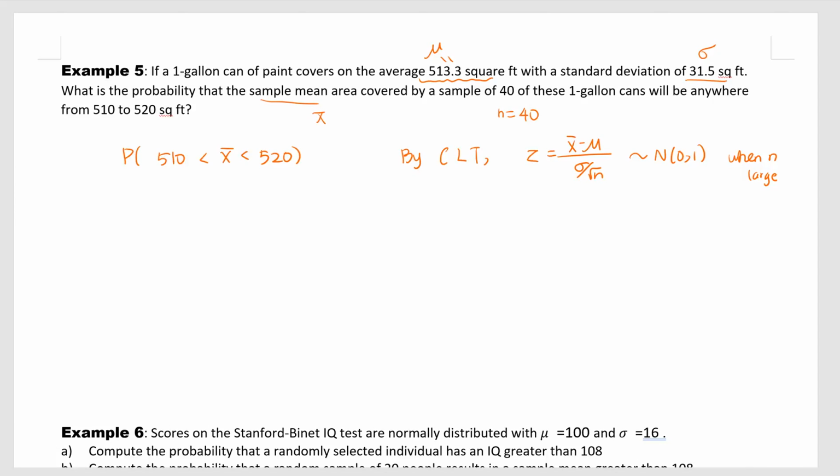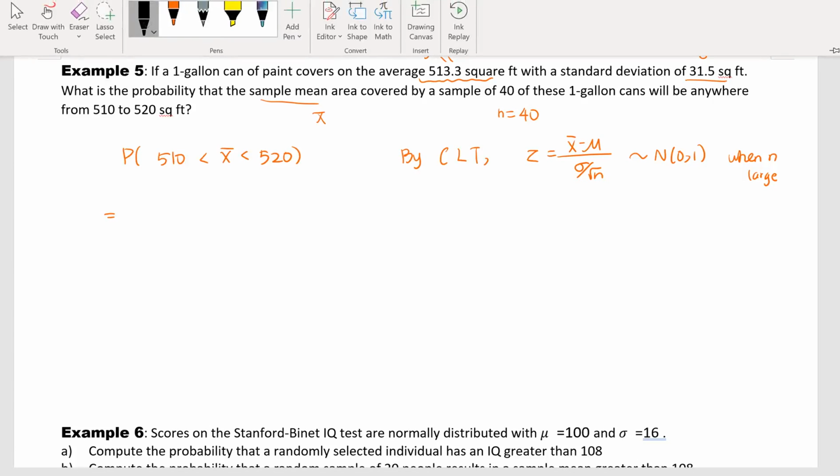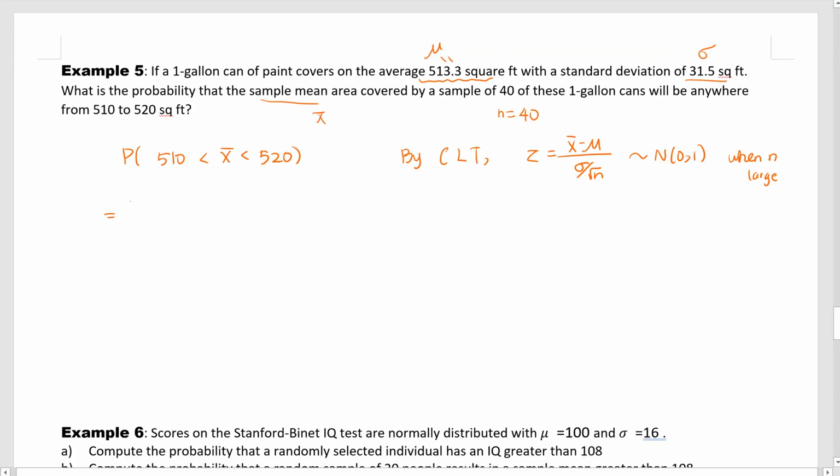Let's figure out what that is. How do we change to the standardized sample mean? We subtract mu, over sigma, 31.5, over the square root of n, where n is 40.